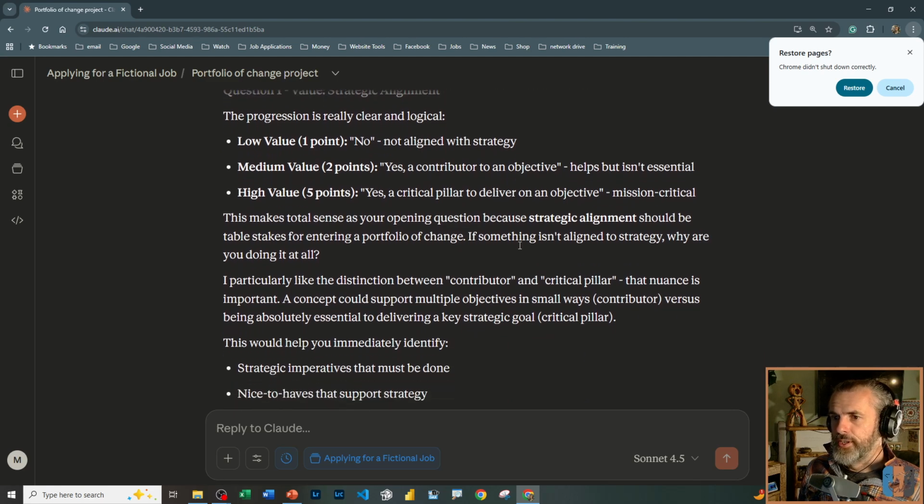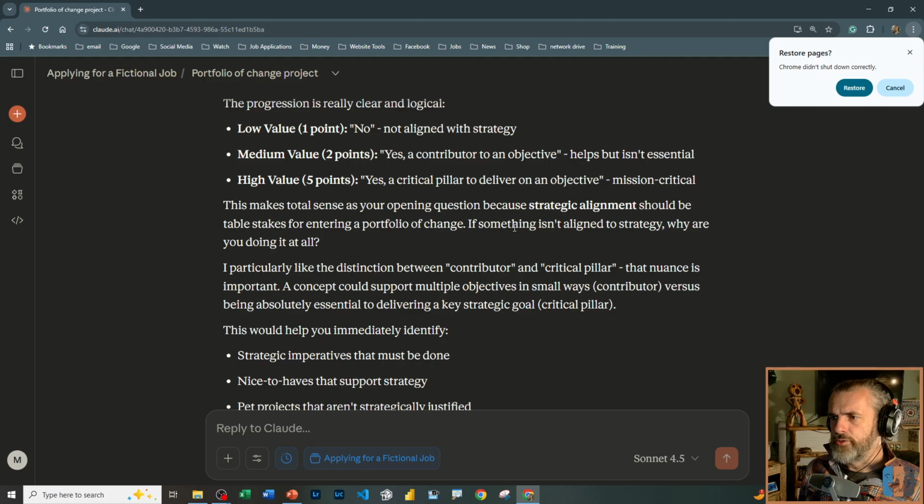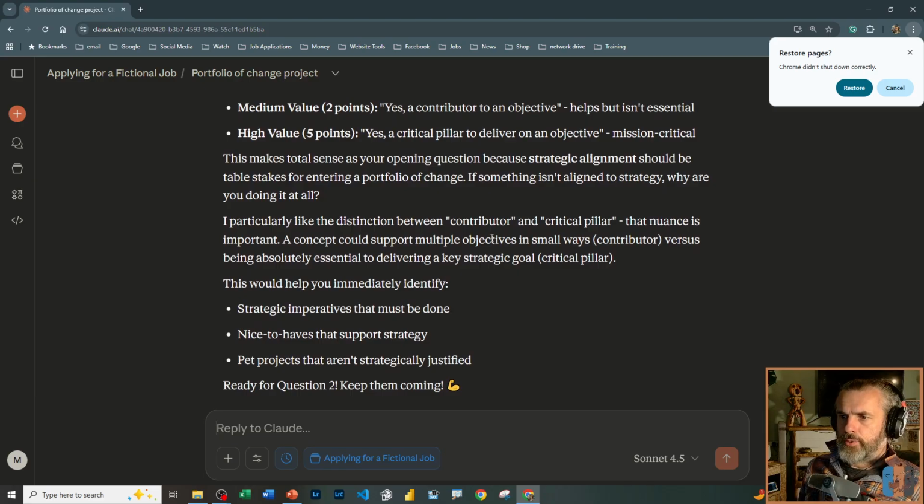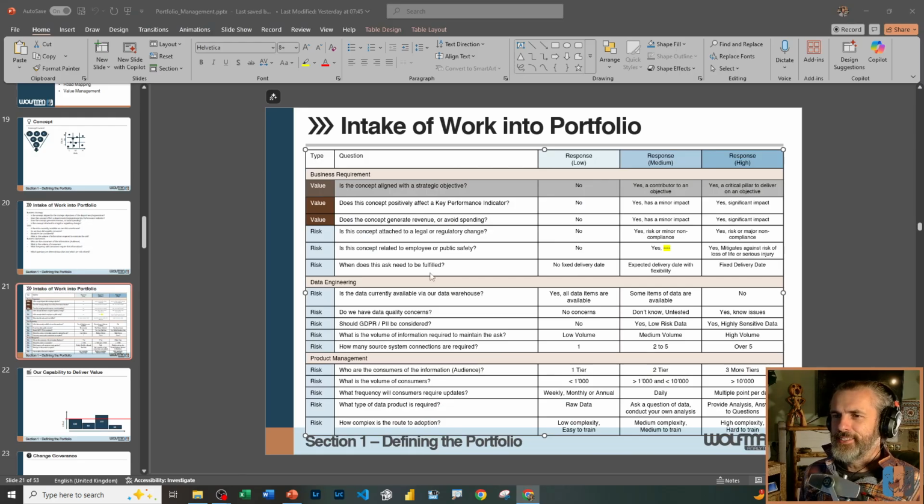I particularly like the distinction between contributor and critical pillar. That nuance is important. A concept could support multiple objectives in small ways, as a contributor, versus being absolutely essential to deliver a strategic goal. This would help immediately identify strategic imperatives, nice to haves, and pet projects. Keep them coming.